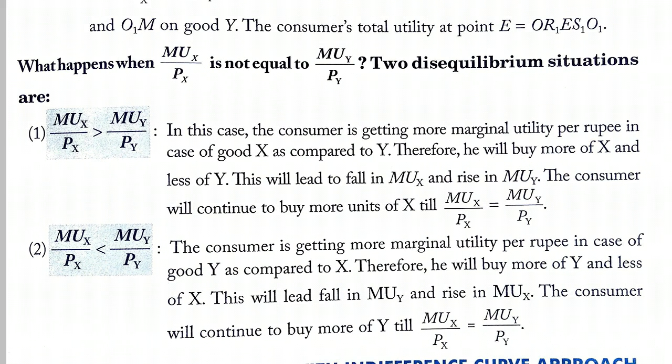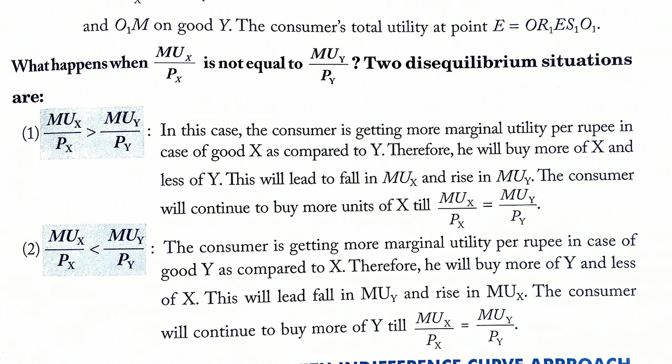Now come to situation 2. In situation 2, just the opposite of 1, MU of Y is more than MU of X. That means MUx by Px is lesser than MUy by Py. It means that in case of Y, the consumer is having more marginal utility. Now what will the consumer do?